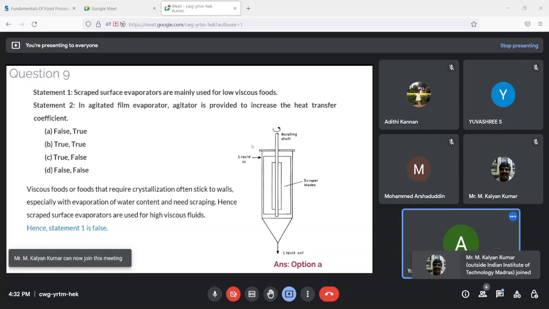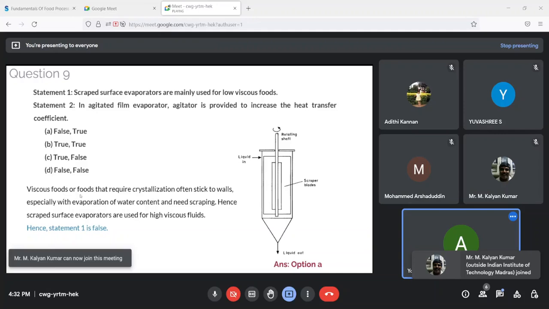So when you're dealing with highly viscous foods or foods that require crystallization, that is, they form crystals upon heating or they stick to the walls, you need something to scrape off the sticking parts, or else it will just accumulate and it will start getting contaminated by microbes. You will have to clean the evaporator properly. All these can be reduced by using scraped surface evaporators, which have scraper blades to remove everything that is sticking onto the walls.